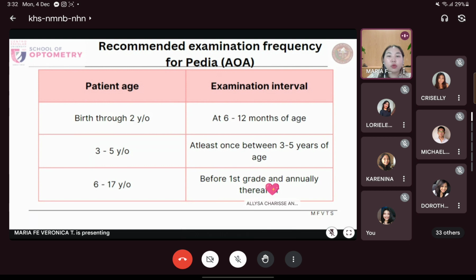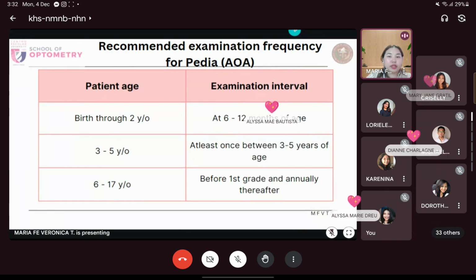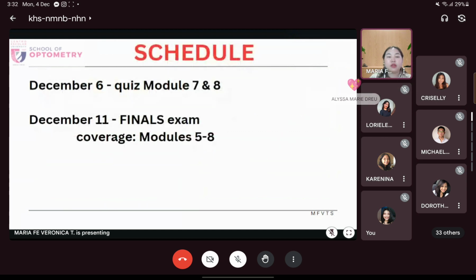Okay, so if no questions, I will just be discussing ang schedule natin for this week and next week. So on December 6, which is this coming Wednesday, may quiz kayo on Module 7 and 8. This is just an online quiz lang. So this, kagaya lang siya ng Module 5 and 6. This will be available sa Canvas from 7 a.m. until 12 midnight. On that day lang siya available ha.